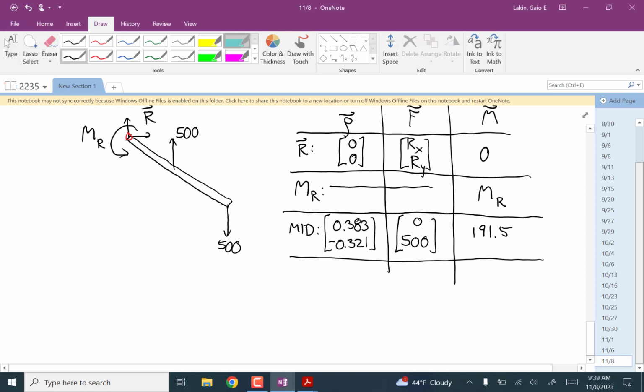And then the 500 Newton force at the end. That is a row vector of 0.766, negative 0.643. Cross product is 0, negative 500. And so you get a cross product of negative 383.